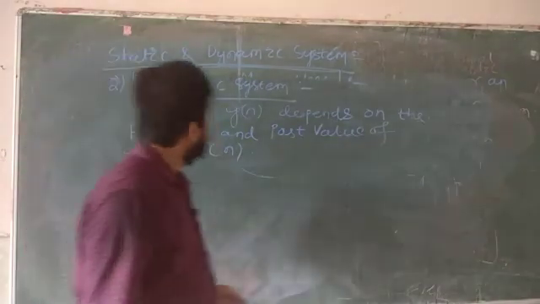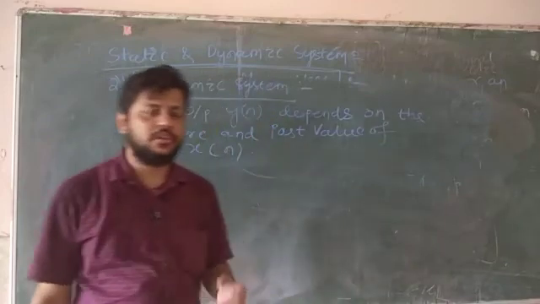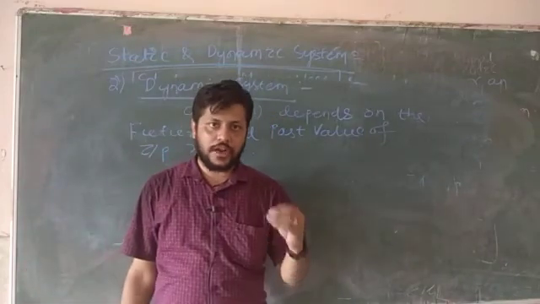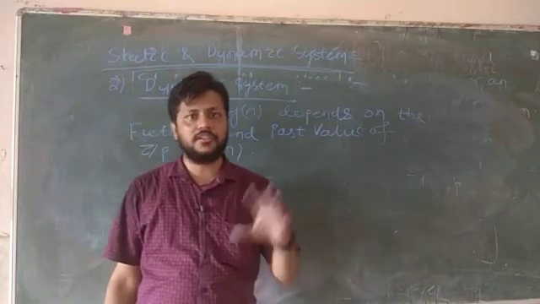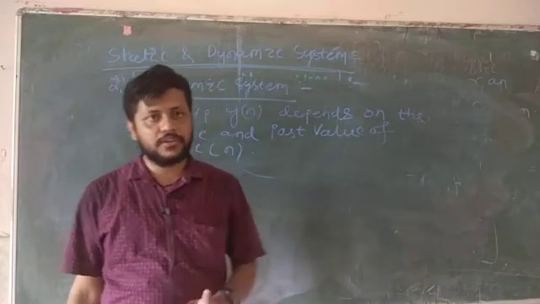That's why this system is known as a dynamic system. So this is very easy. If the output at any instant of time depends only on the present value of input, then that system is a static or memoryless system.